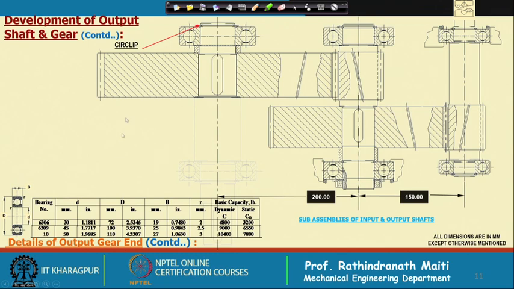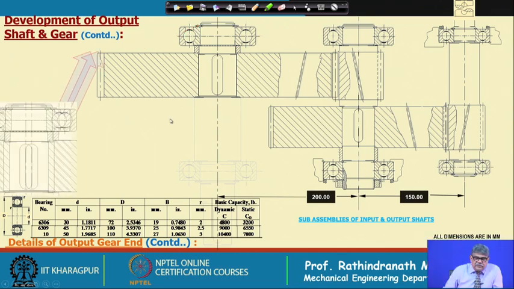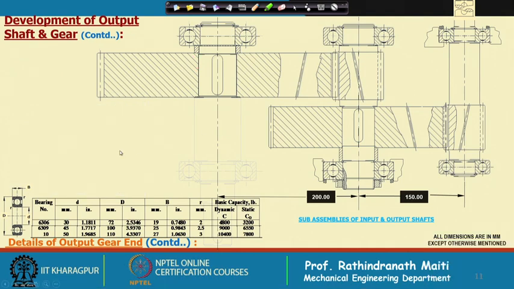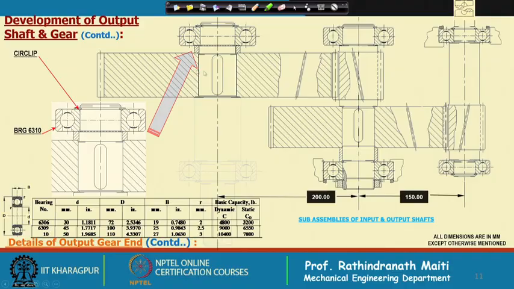Now, this is the circlip, and this is the detail of this part set that we have developed. Circlip, the bearing is 6310, so far we have developed up to the end of this shaft bearing, this side.